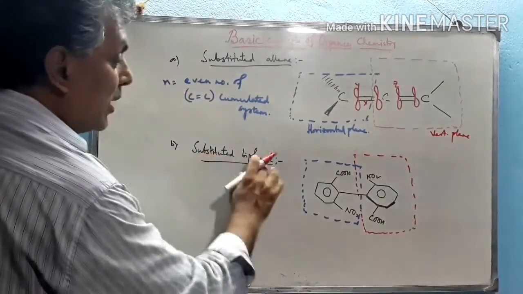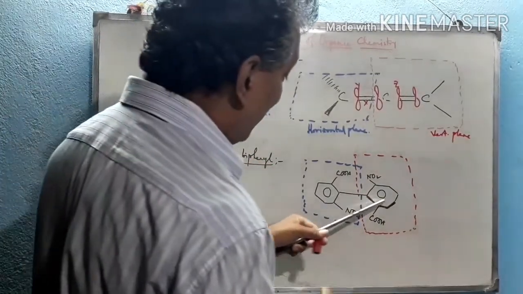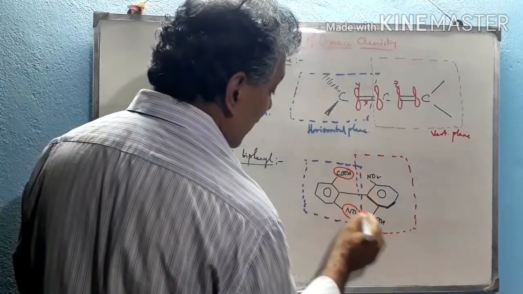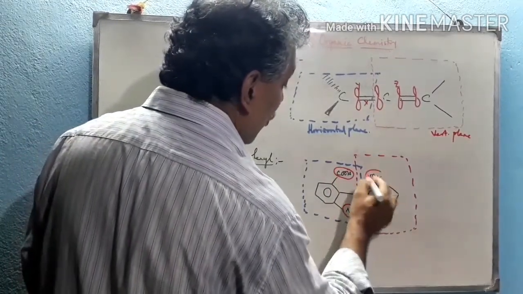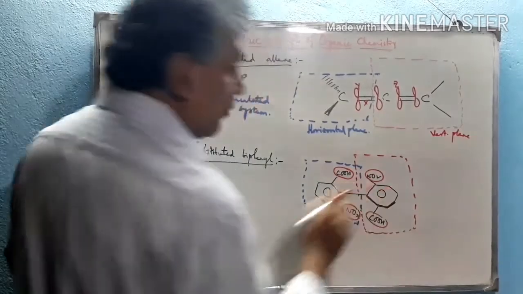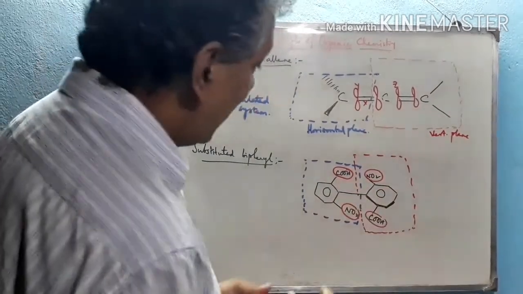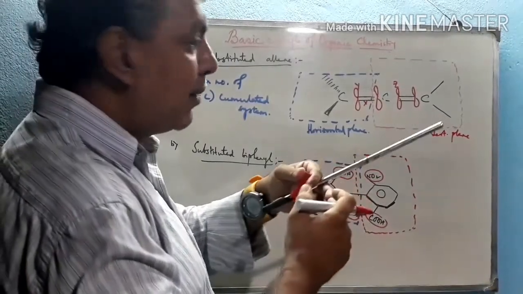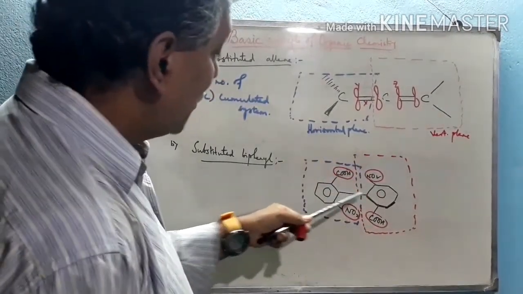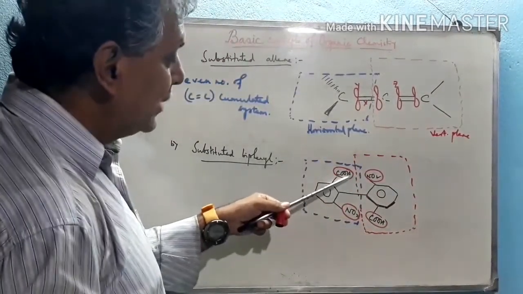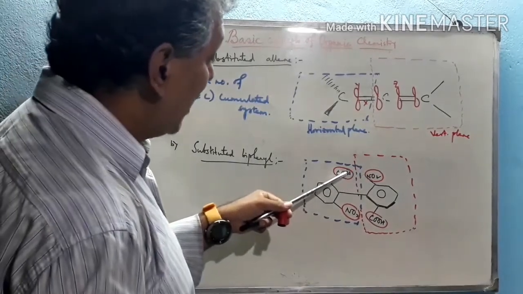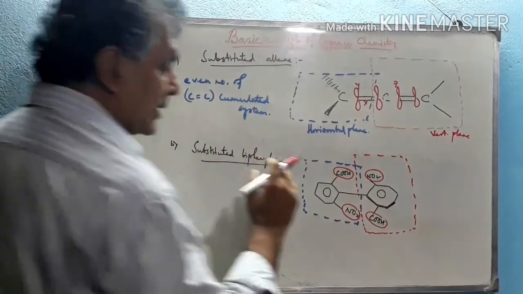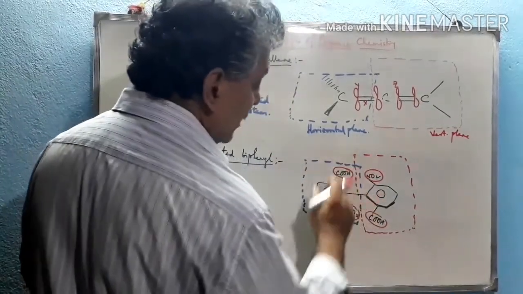And again, substituted biphenyl. See this substituted biphenyl, due to the presence of two bulky groups in the ortho position, it is sterically hindered, and hence no free rotation about this single bond occurs. Actually conformational isomers are obtained through rotation of the sigma bond, but here no such conformational isomers are obtained because these two groups are very large, bulky, sterically hindered, so they restrict rotation about this sigma bond.